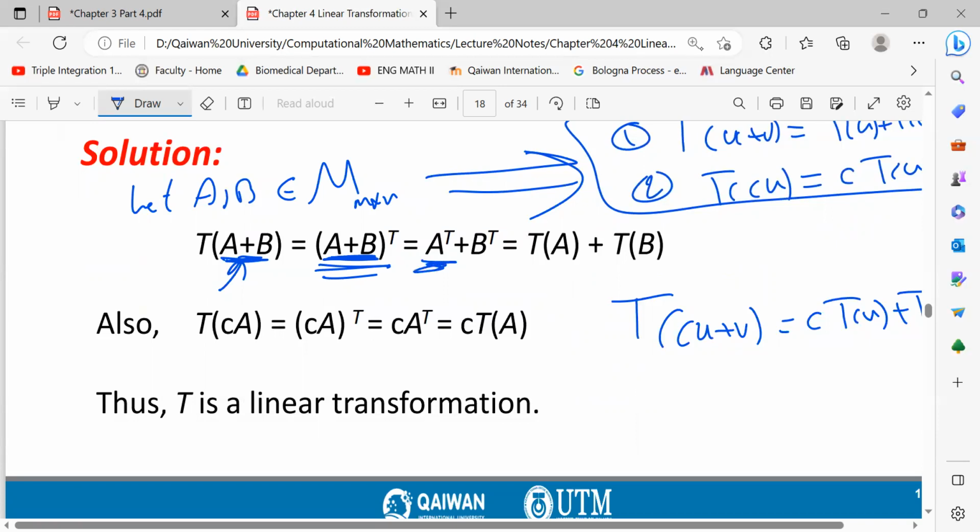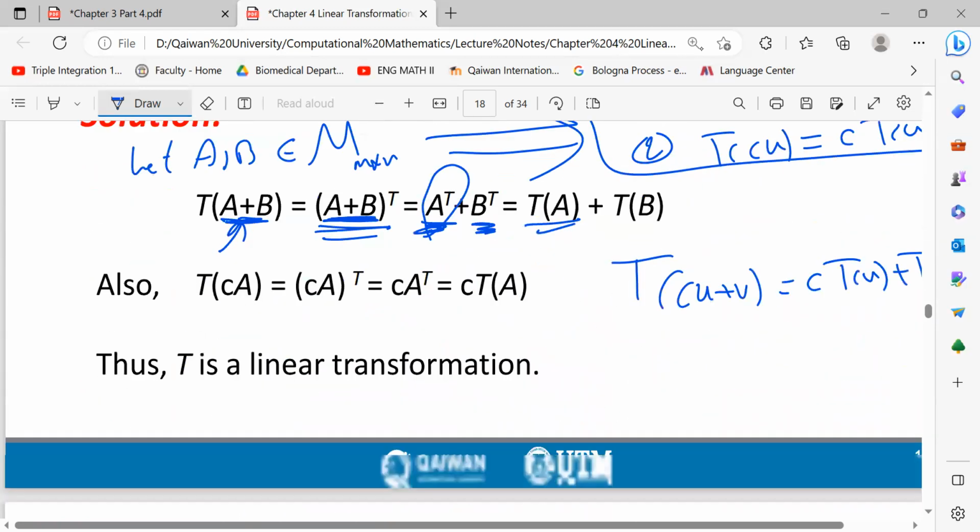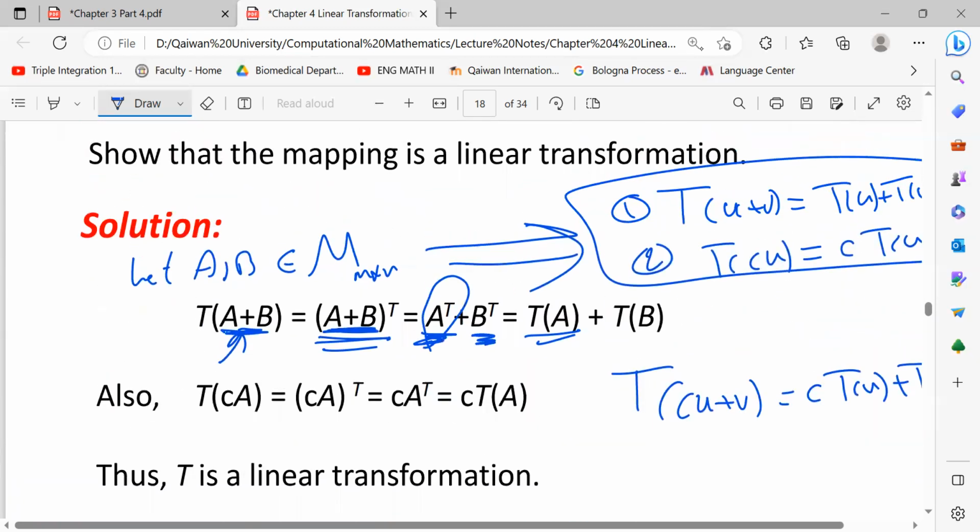So it's A^T plus B^T. What's A^T? Can I say it's T of A or not? It's the image of A, because here T of A is A^T. How about T of B? B^T. Okay, A^T plus B^T is T of A plus T of B. So we show that T of A plus B is T of A plus T of B. It's the first condition.